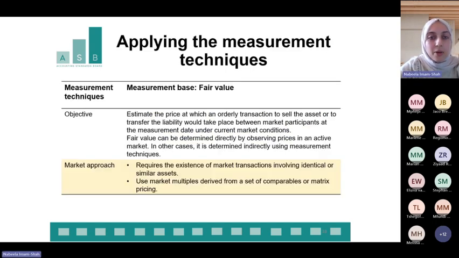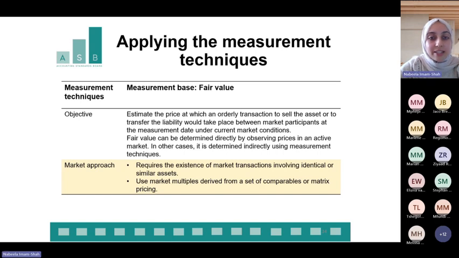Okay, let's now apply the measurement techniques to the different measurement bases. Looking first at fair value. The objective of fair value measurement is to estimate the price at which an orderly transaction to sell the asset or to transfer the liability would take place between market participants at the measurement date under current market conditions.